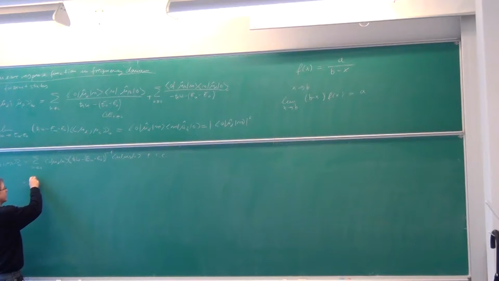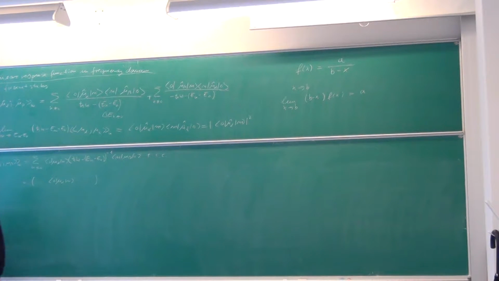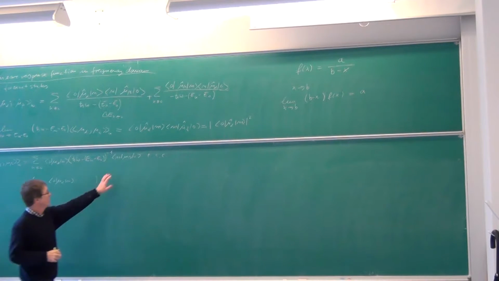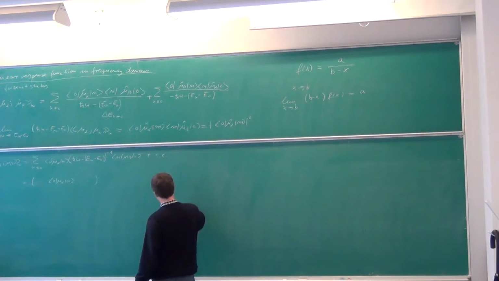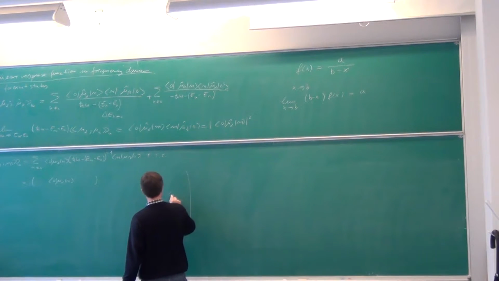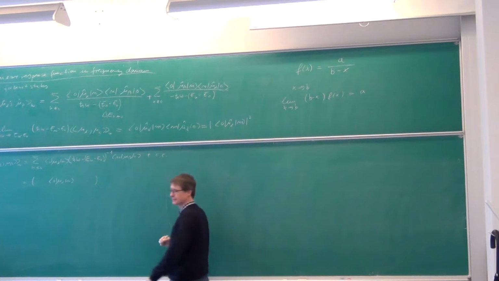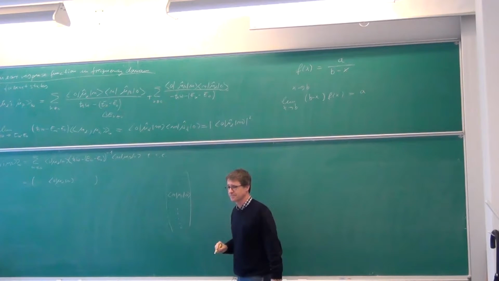So I could get a big row vector, a lot of elements which all look like this, different values of n. Similarly, I might stuff those in a column vector, like this, different elements.